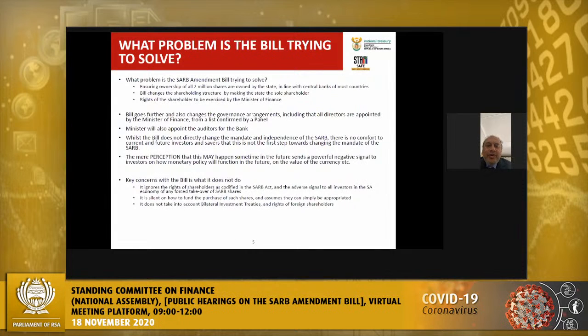In fact, when Honorable Shivambu made his presentation, there was some reference that this would be a first step and that there would be a change towards the mandate of the SARB. Whether that's correct or not, the issue is how can we give assurance that this bill or future bills will stop at ownership and won't deal with the mandate and independence of the SARB?